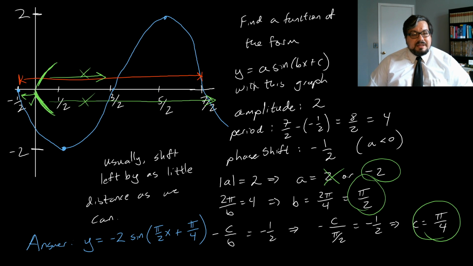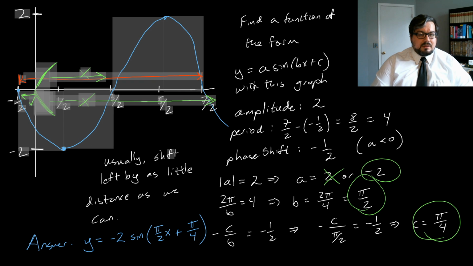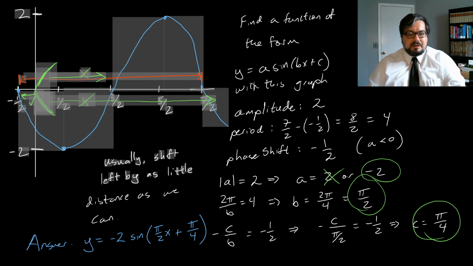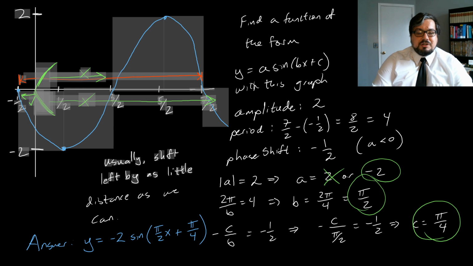All right, so the next thing I want to do is to note that we could also have done this problem using cosine. And so let me copy this figure, go to another page, and we'll do the same problem but with cosine.